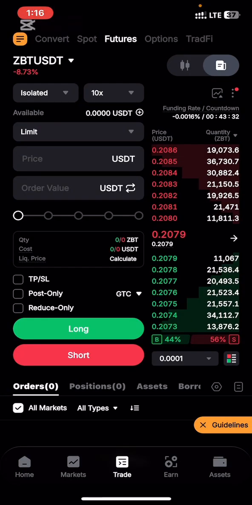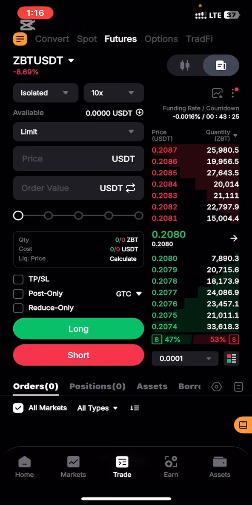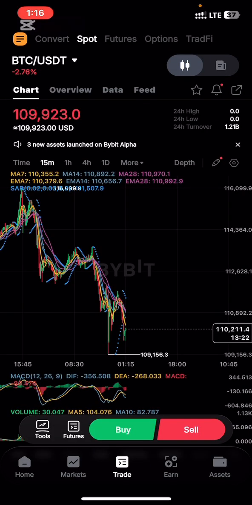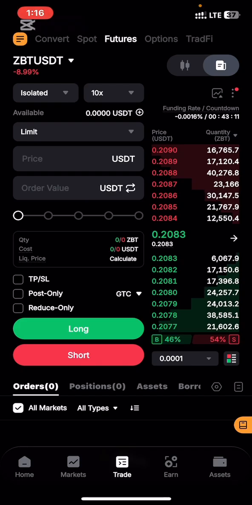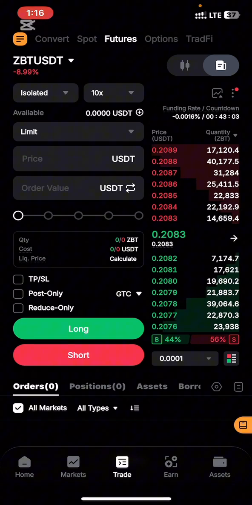Alright, now before going deep, we have two types of trading, which are spot trading and futures trading. Spot trading is holding coins: buying a coin when the value is low, then when it increases, you sell it.